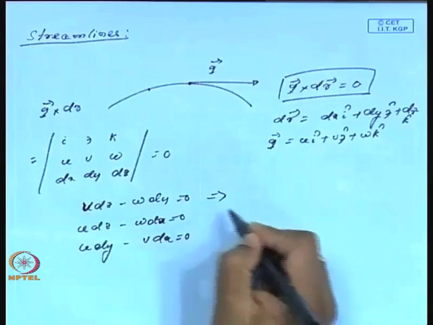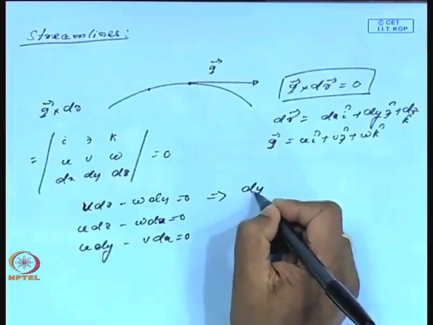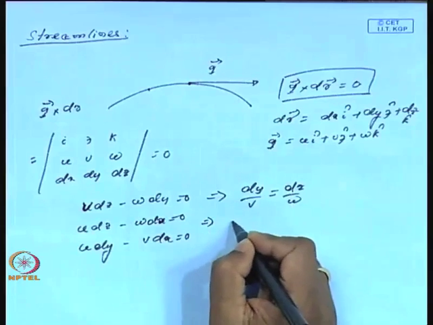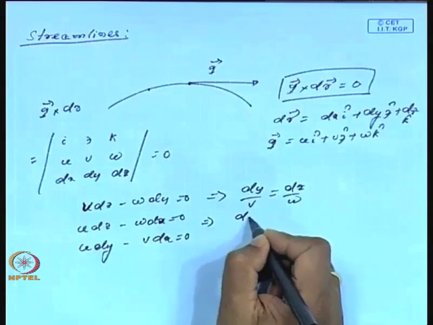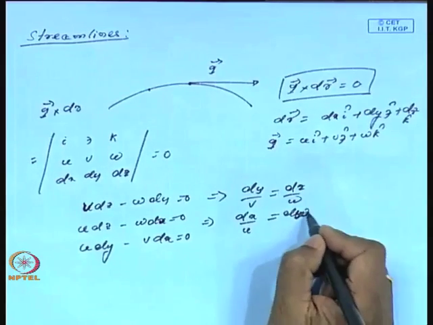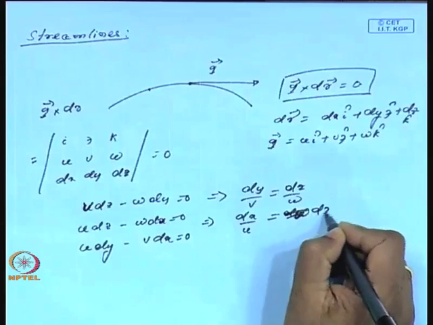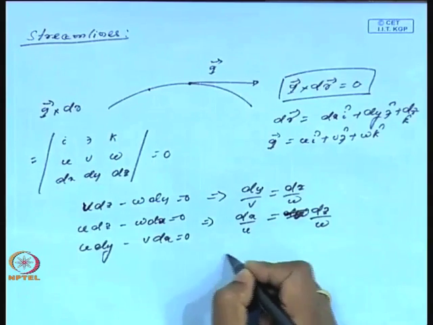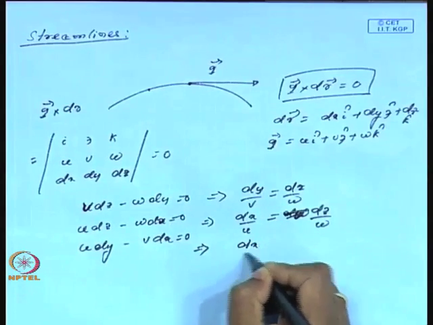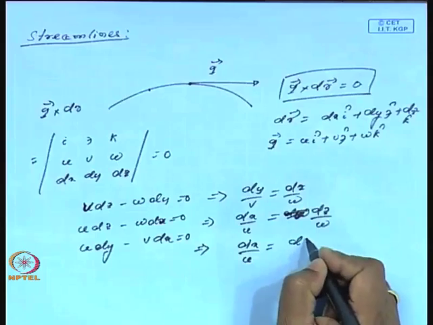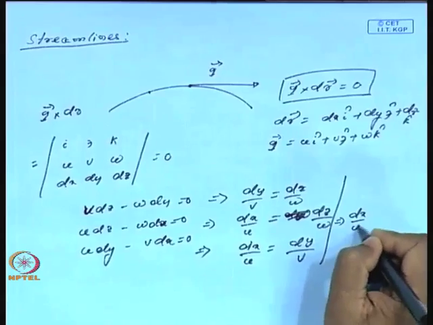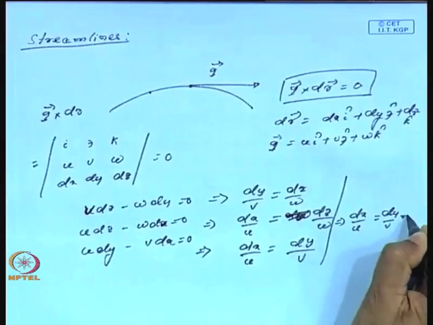From this we can easily get dy by v equal to dz by w, and from the other we get dx by u equal to dz by w, and from the third one we get dx by u equal to dy by v. So, if you combine the three, we get dx by u equal to dy by v equal to dz by w.